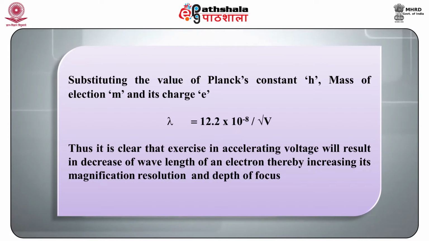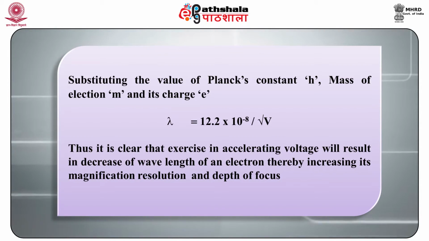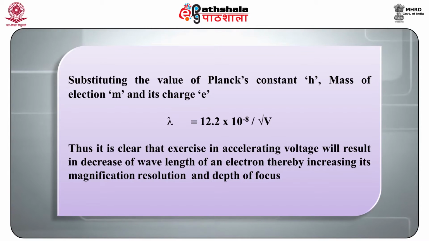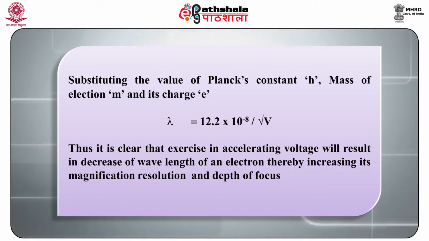Substituting the values of Planck's constant h, mass of electron m and its charge e, we get lambda is equal to 12.2 into 10 to the power minus 8 by under root V. Thus, it is clear that an increase in accelerating voltage will result in a decrease of wavelength of an electron, thereby increasing its magnification, resolution and depth of focus.